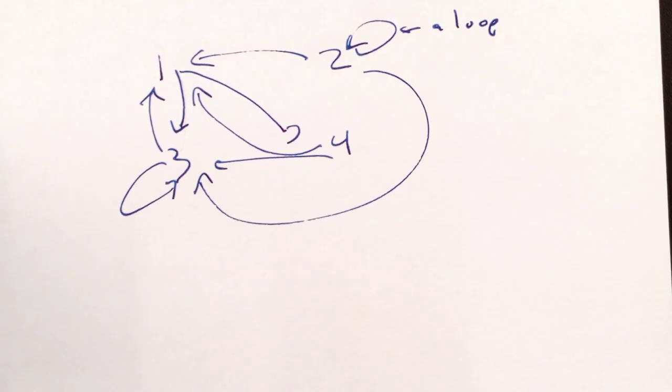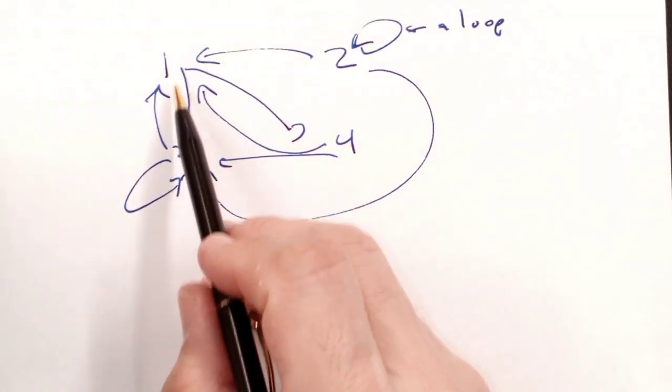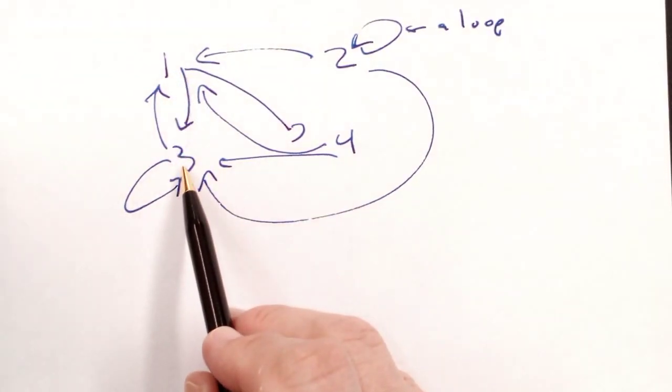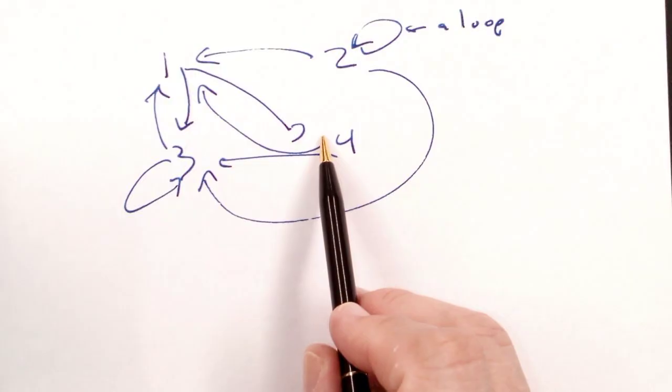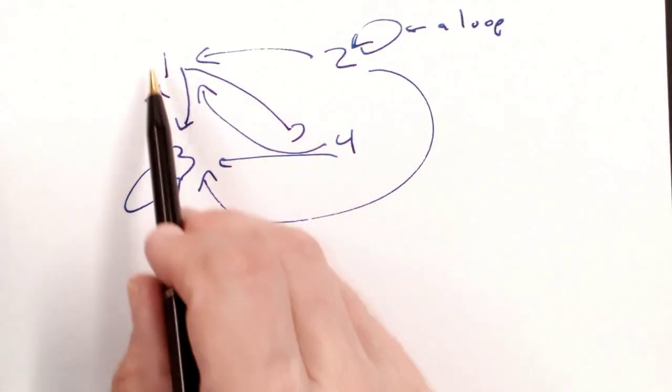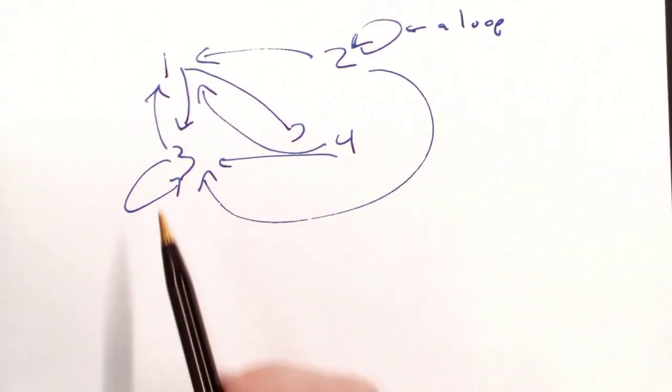How do I know whether or not this is transitive? I need to look at any set of 3 dots, and I need to find a triangle. Like I can go from 1 to 3, I can go from 1 to 4, and go from 4 to 1. So 1 to 4, 4 to 3 works, right?